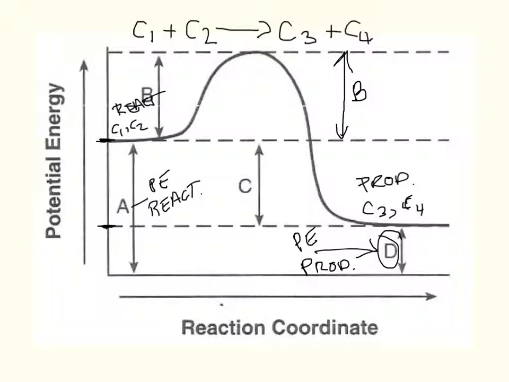Now letter B represents this energy change as we go from here to the top of this curve, and I'll tell you what the top of that curve is in a minute. So that's the energy associated with just this distance here. Now, when we do a reaction, there's a point at which, when we mix compound 1 and compound 2, we start breaking the bonds in compounds 1 and 2 and at the same time start forming the bonds in compounds 3 and 4.